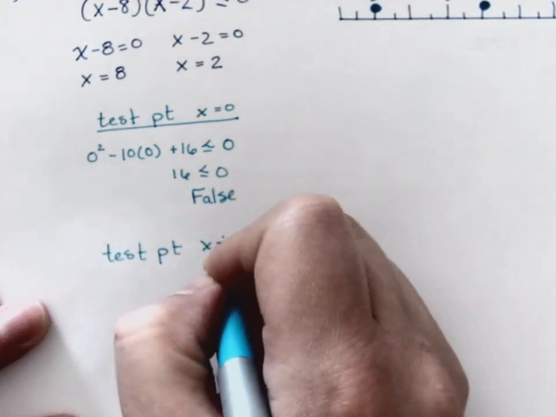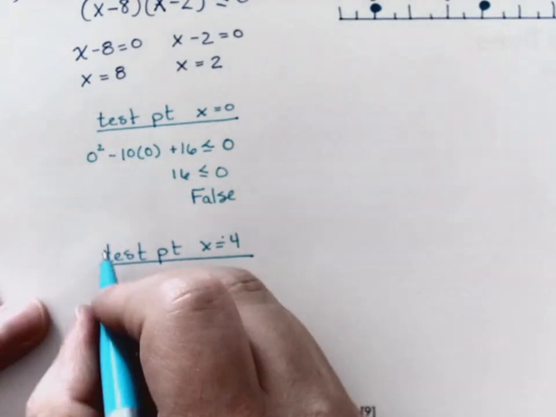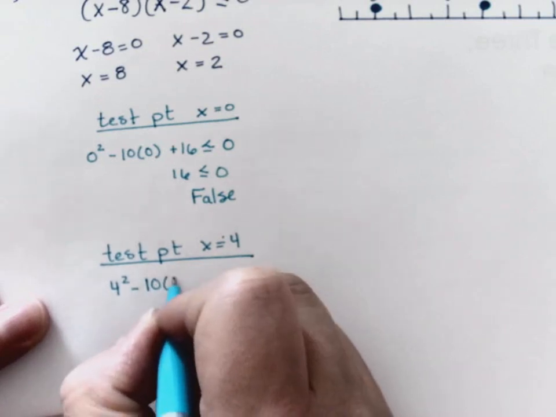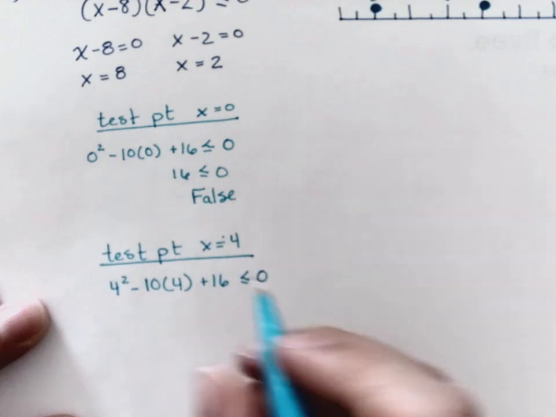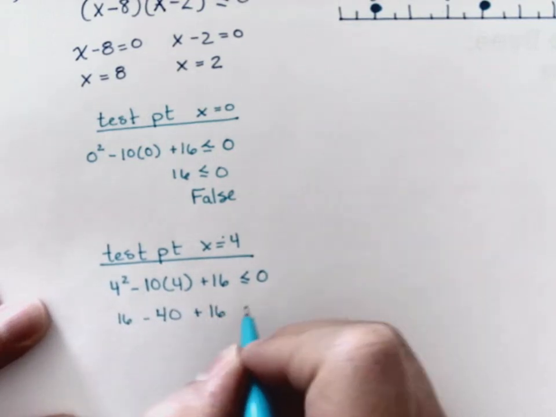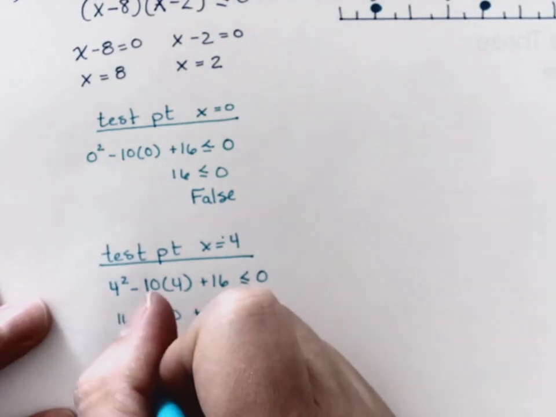So I'll pick 4. I try to pick small numbers so I can do the math in my head. So I'm going to have 4 squared minus 10 times 4 plus 16 is less than or equal to 0. So 16 minus 40 plus 16. 16 minus 40 is negative 24.